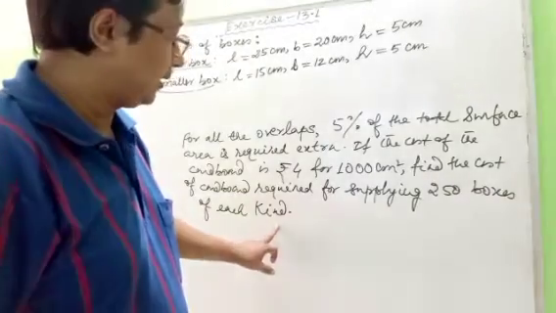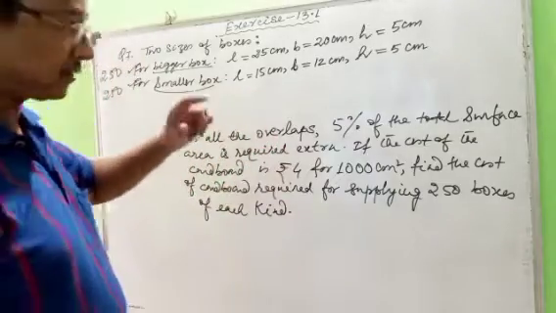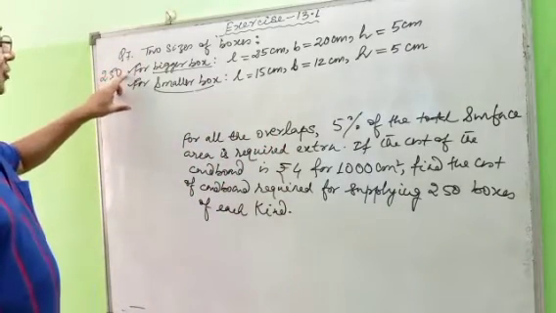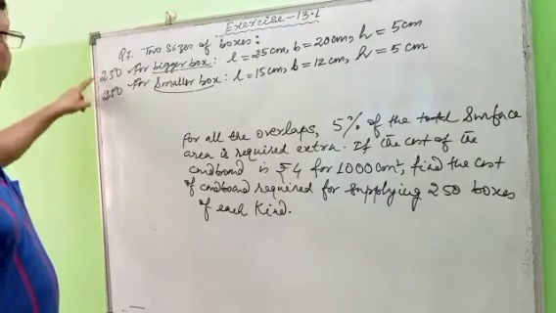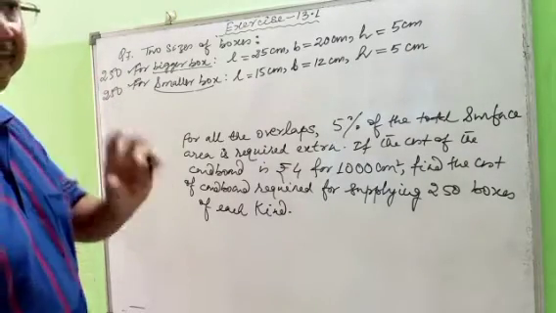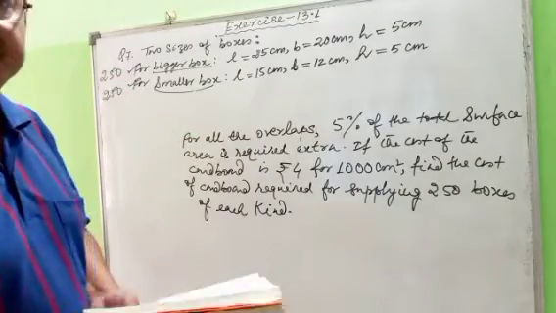Now the shop has ordered 250 boxes of both the kinds. That means the total boxes will be 500. Adding this to 250, that means 500 boxes the shop has ordered, to pack their sweets.